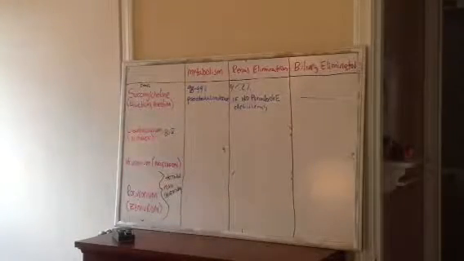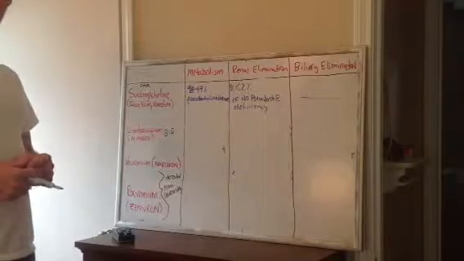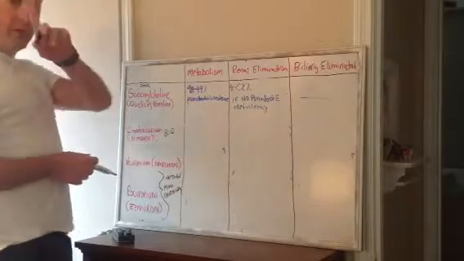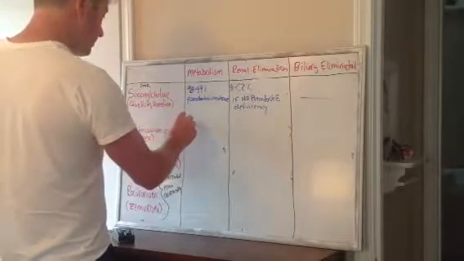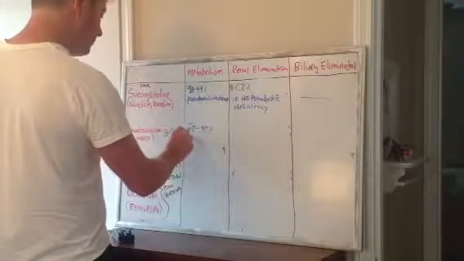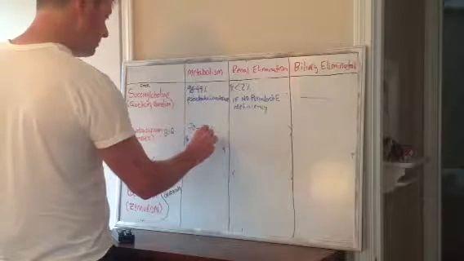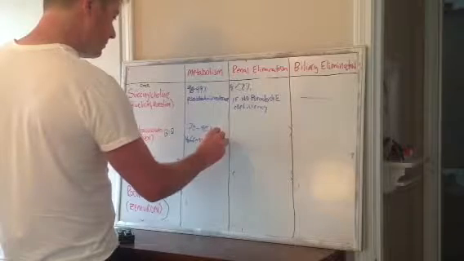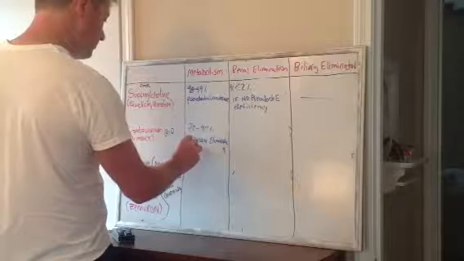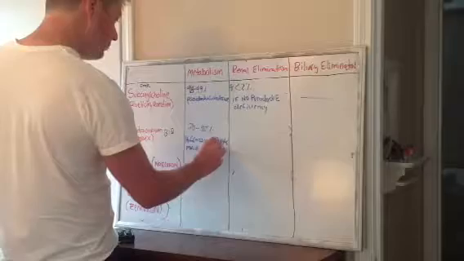Cisatracurium, also called Nimbex, that is a benzyl isoquinoline non-depolarizing muscle relaxant. Nimbex is a good drug. It's organ independent. So we have about 70 to 90% Hofmann elimination, and also pseudocholinesterase elimination, ELIM for short.